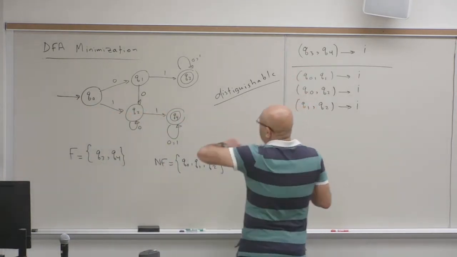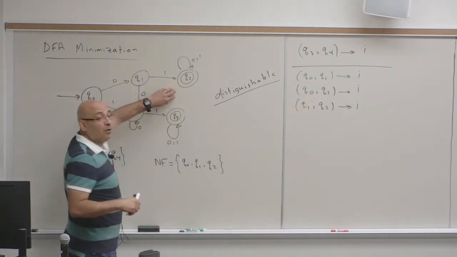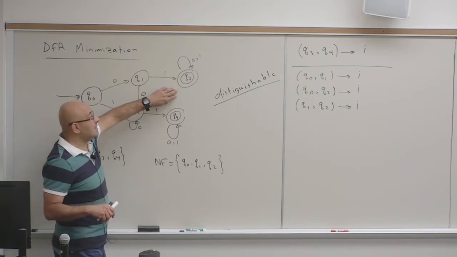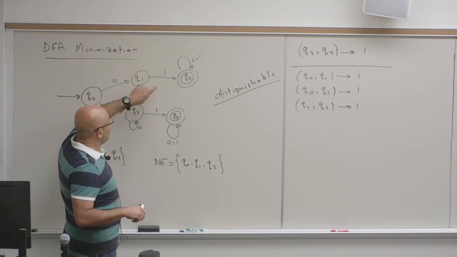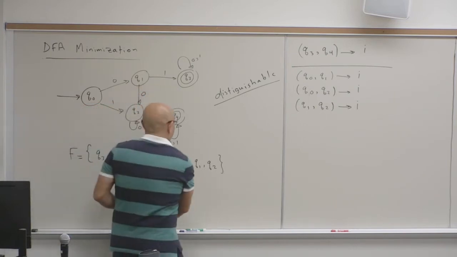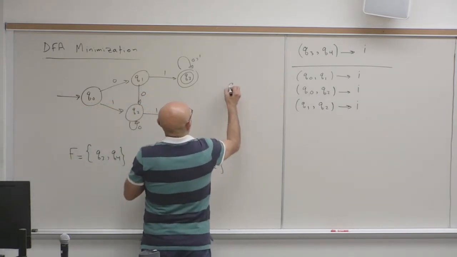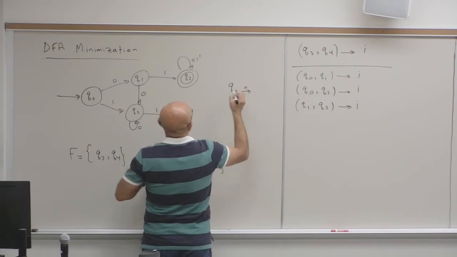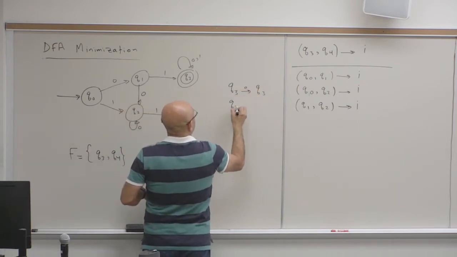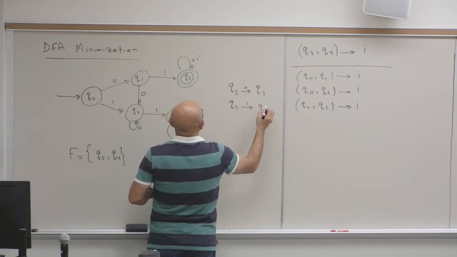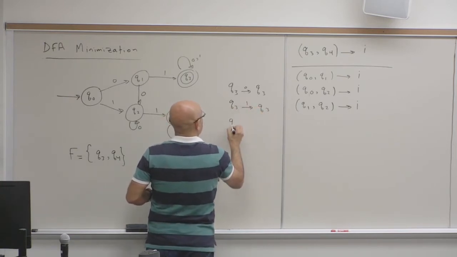Okay, so now I just look at the transitions for Q3 and Q4 and see if they are indeed indistinguishable or distinguishable. So now, Q3 on a 0 goes to Q3. Q3 on a 1 goes to Q3.